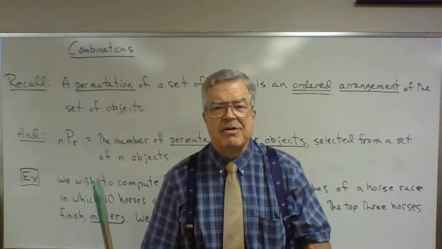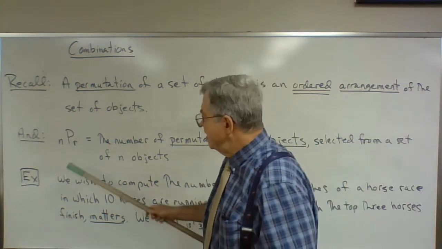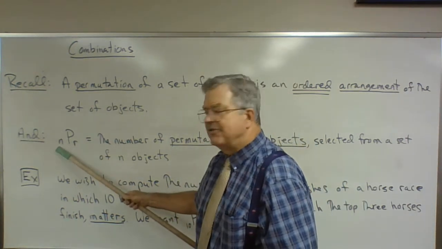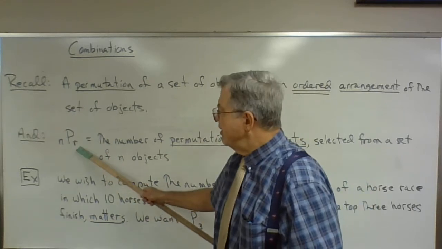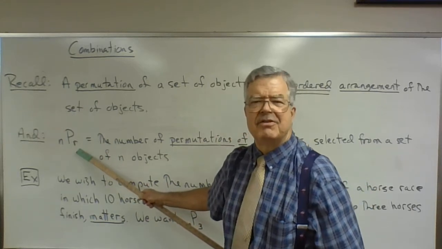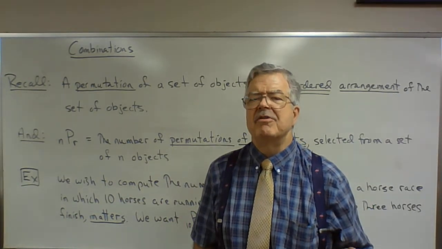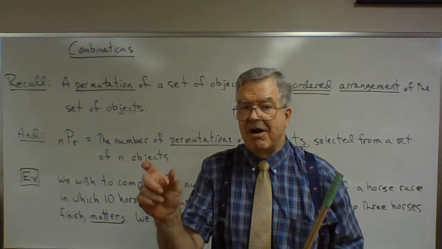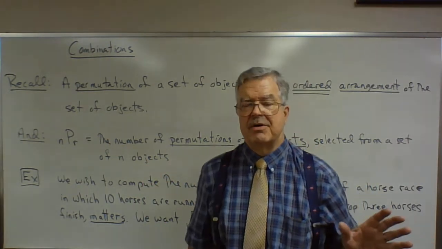But what if order of selection doesn't matter? We're just selecting R objects from a set of N objects, and the order in which the R objects are selected doesn't matter. Suppose we want to compute the number of ways that we can select R objects from a set of N objects, and the order doesn't matter.